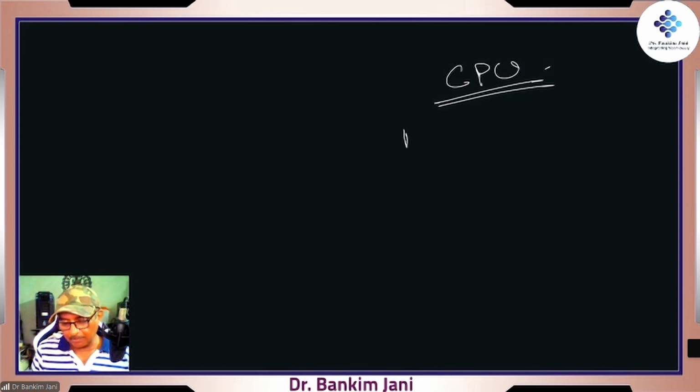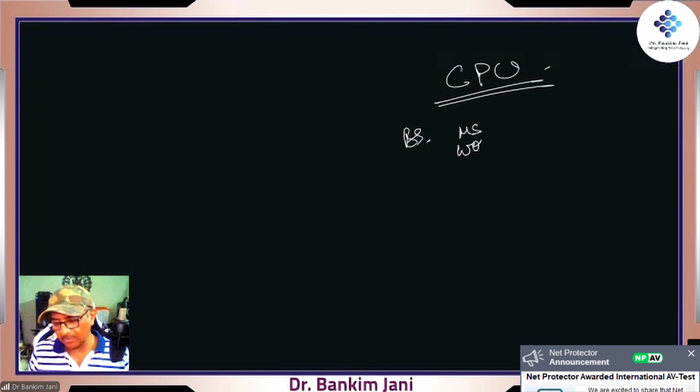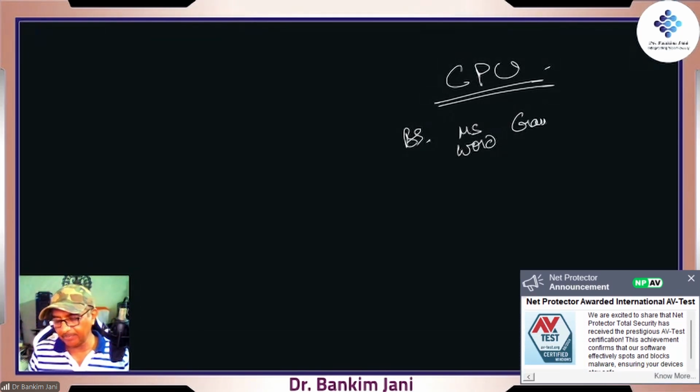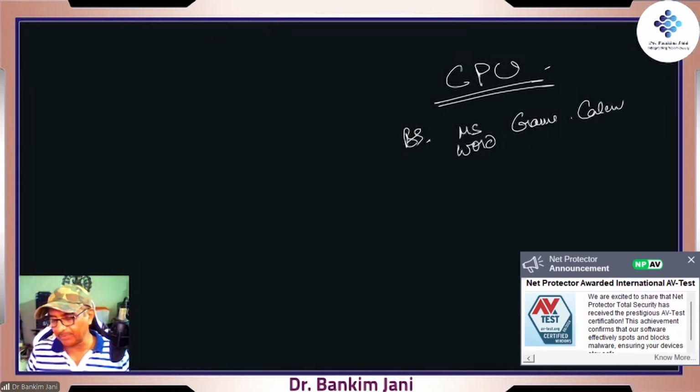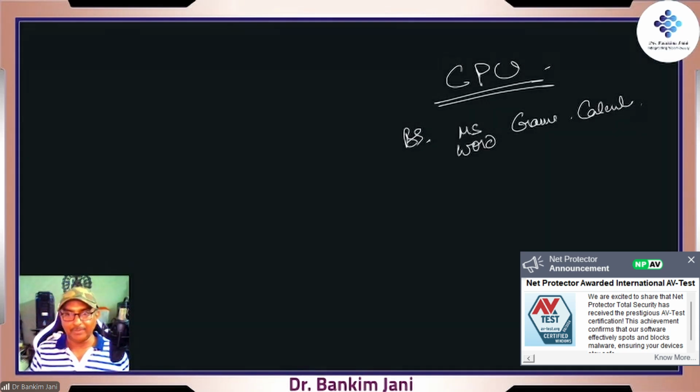But you are browsing, you have opened, say, Microsoft Word, you are playing some game, and then there is a calculator which is also open. So many things. This is what is called multitasking.